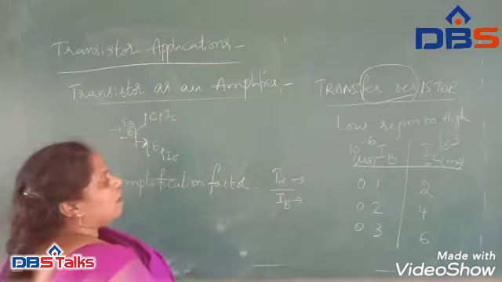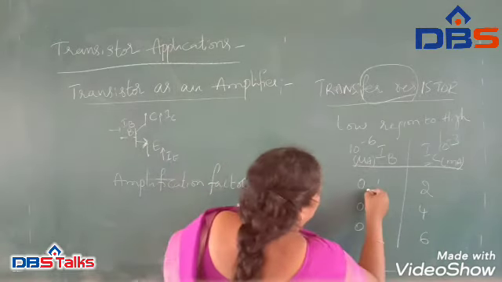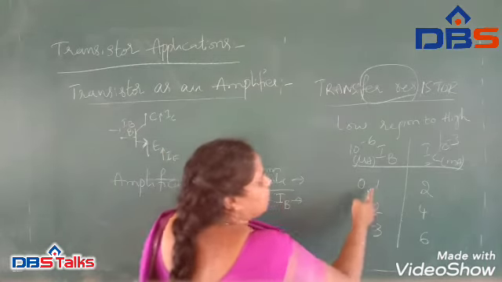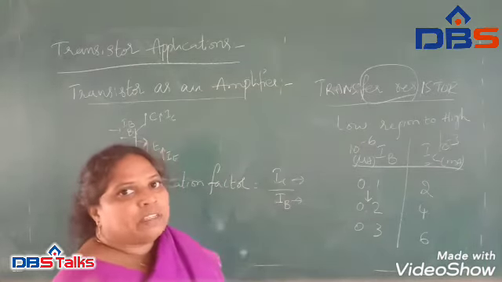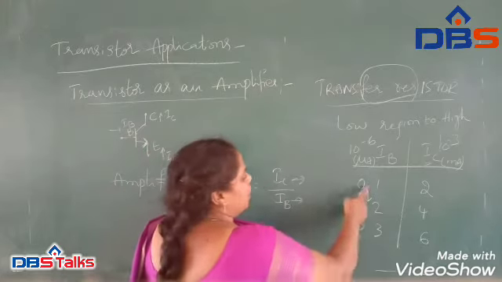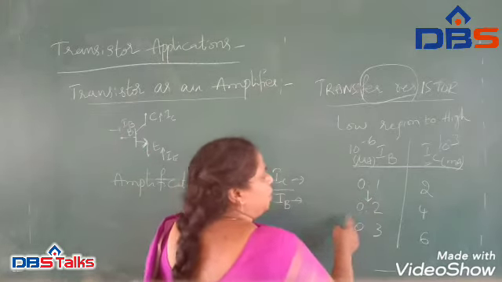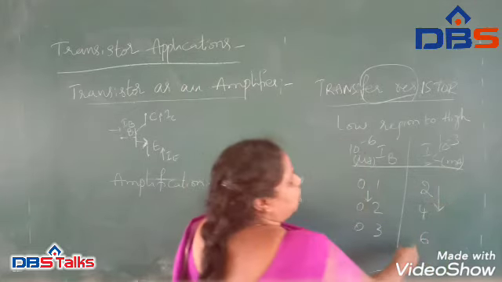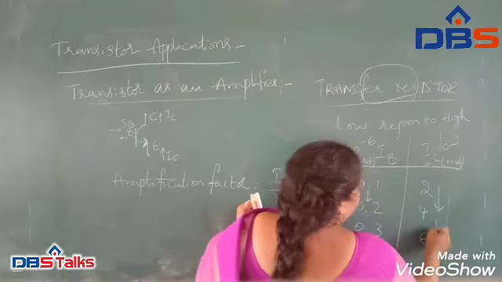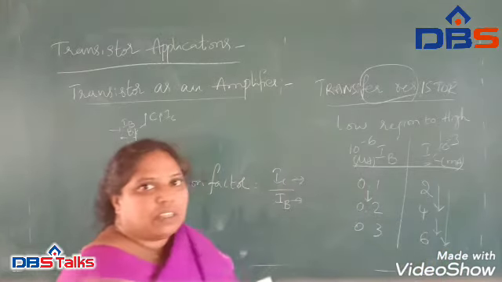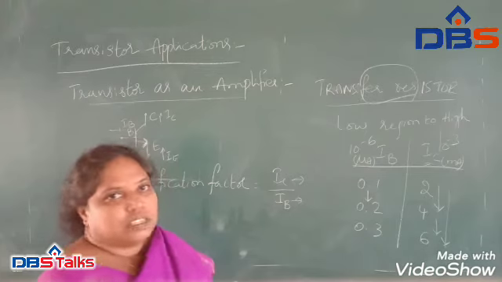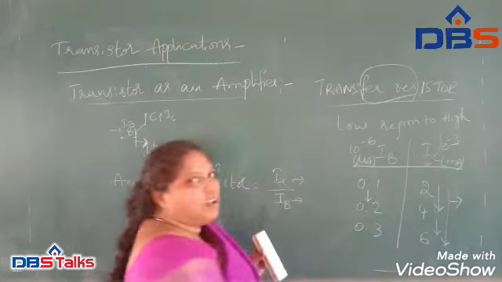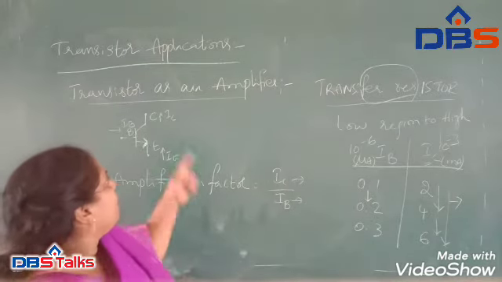The base current changes from 0.1 to 0.2, a change of only 0.1, and likewise 0.2 to 0.3. But in the case of IC, the change is from 2 to 4, or 4 to 6, or 2 to 6, which is a large amount of change. So this large amount of change is what we consider amplification.